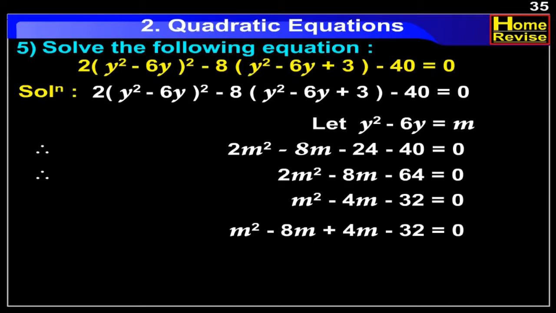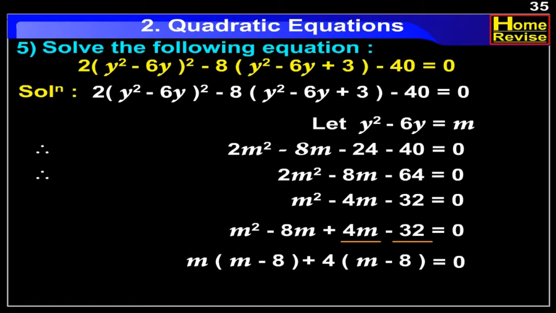Taking out m common from the first two terms, we have m (m minus 8), and taking out plus 4 common from the next two terms, we have plus 4 (m minus 8) is equal to 0.